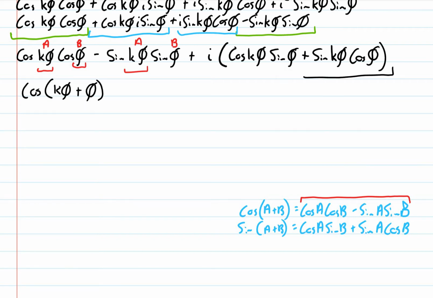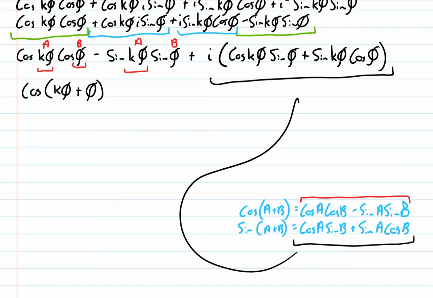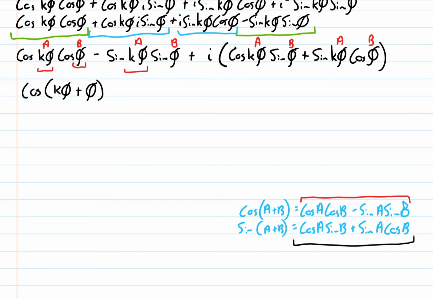Let's look over here now. I've cos k theta sin theta plus sin k theta cos theta. Look at this: cos A sin B plus sin A cos B. That is the same as that if I replace the k theta by A and theta by B. And I can say plus i sin (k theta, which is A, plus theta, which is B).